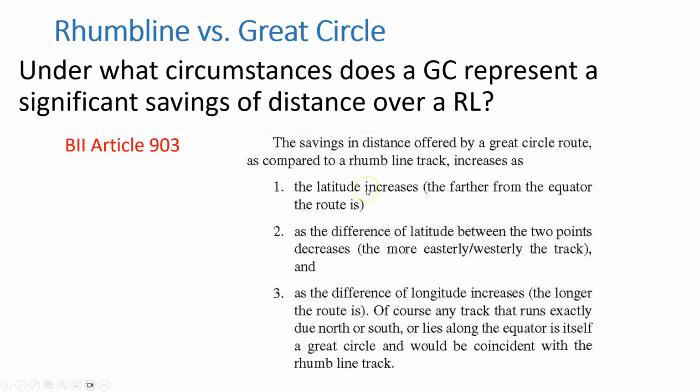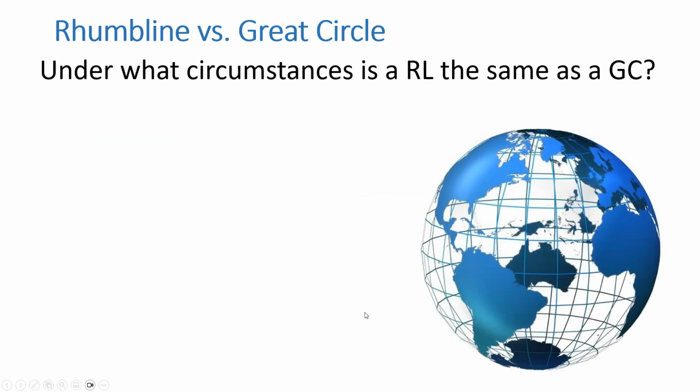If I'm down near the equator going east-west on a long voyage, I may not get very much savings. But if I'm closer to the pole, going mostly east-west, and my voyage is getting long, then I'm probably going to have some savings, and it's going to be worth doing a great circle.